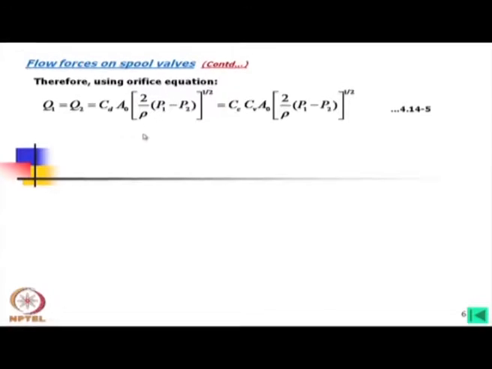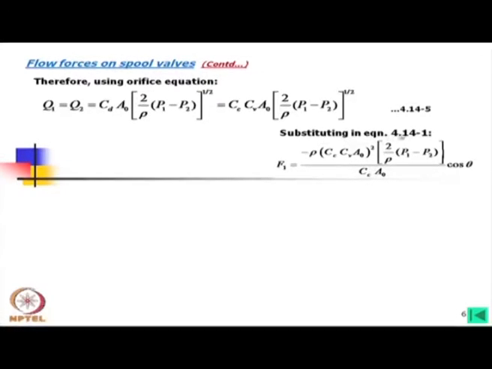P1 is the pressure inside, P2 is the outside of this orifice, if you remember the figure. Now, this we are again resolving into Cc and Cv, the contraction coefficient and velocity coefficient.